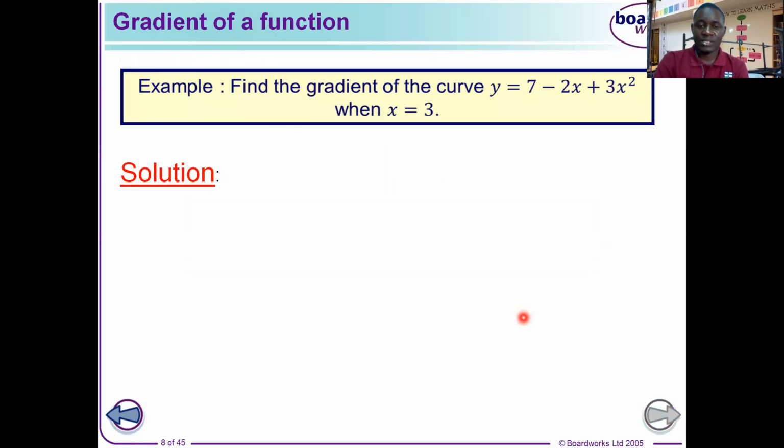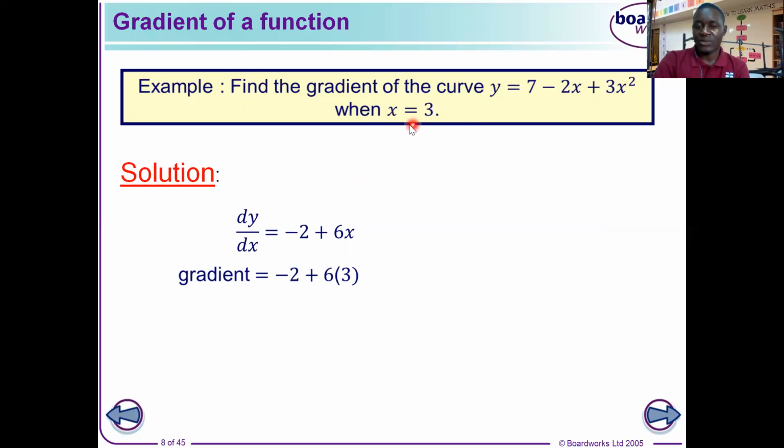Another example says find the gradient of the curve y equal to 7 minus 2x plus 3x squared when x equal to 3. So the same step again. First find the gradient function dy/dx. In this case that will be minus 2 plus 6x. And the gradient at the point where x is 3. You can see in this question, we are not given the coordinate point.